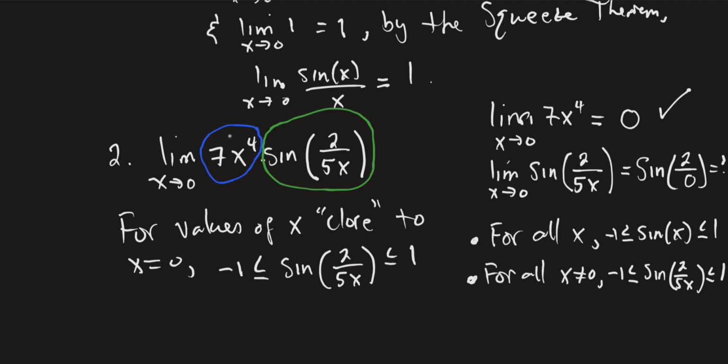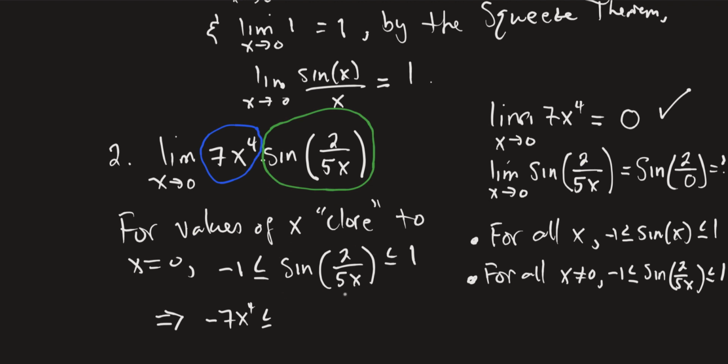Since that quantity is positive, if I multiply this entire inequality by a positive quantity, I don't have to change the direction of the inequalities. So multiplying this part by 7x to the 4th, I'll get negative 7x to the 4th.